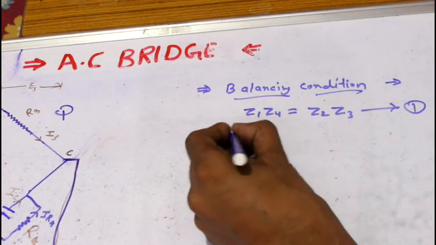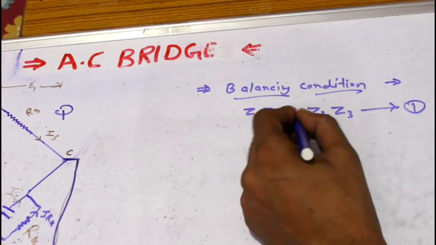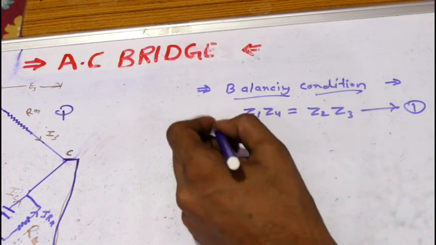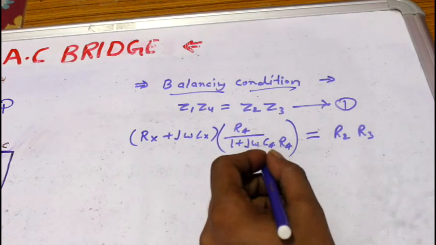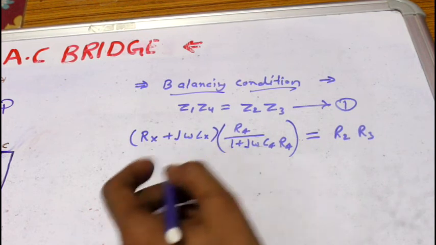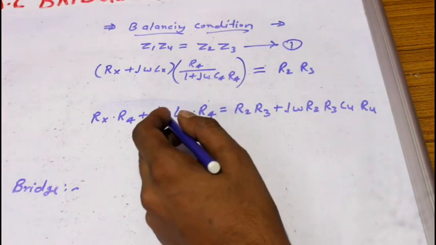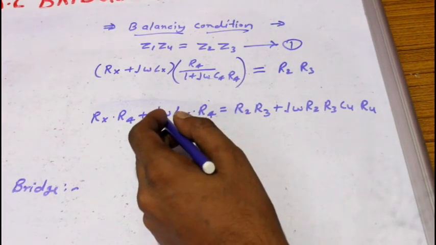Now put the values of Z1, Z2, Z3, Z4 in equation 1. By solving this equation we get the result.